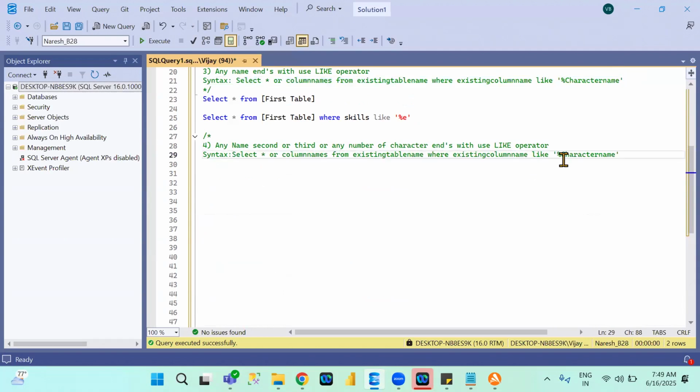First, what do you have to write? Percentage. You have to write from the left side only, right? Percentage. After that, the character. After that, underscore. Don't confuse here. You know how to write all these things.